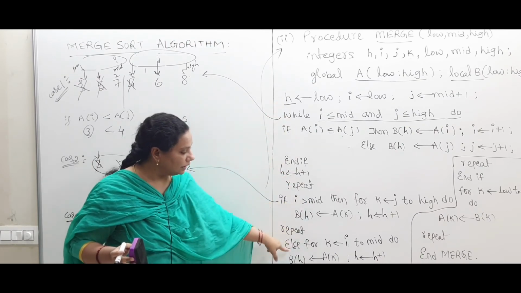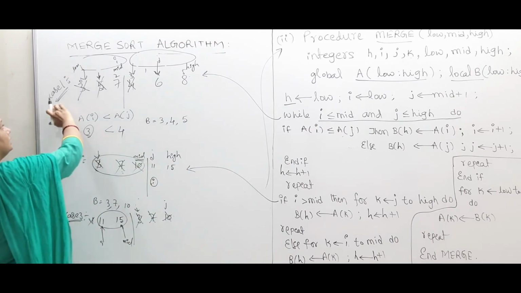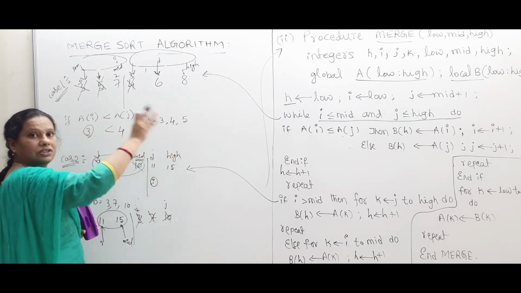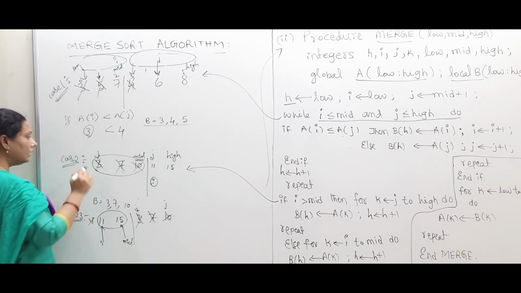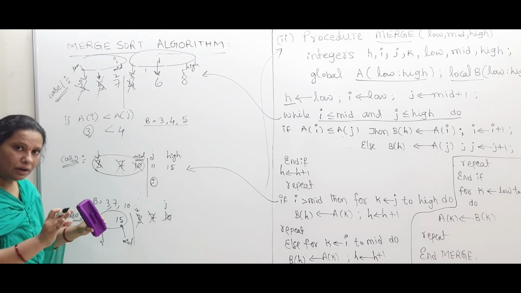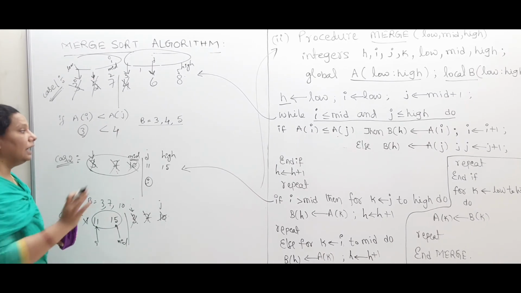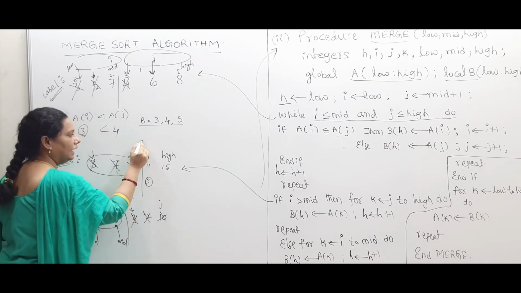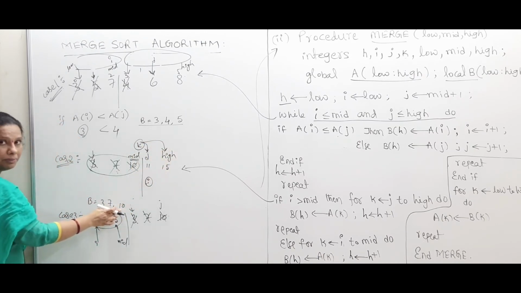So the sorting is performed in 3 cases. Case 1, normal sorting: compare a of i and a of j, whichever is less, push that element to b. Case 2, if one subdivision's elements sorting is over, but still there are some elements in the other subdivision, if it is the second subdivision, then take k, j to high, and transfer the elements to b.